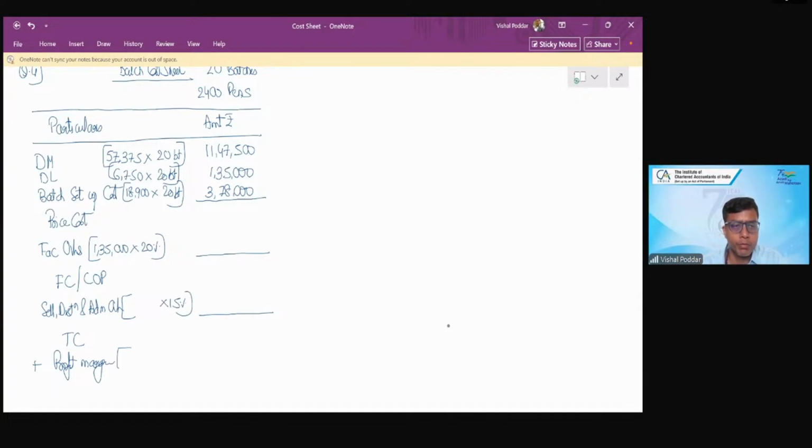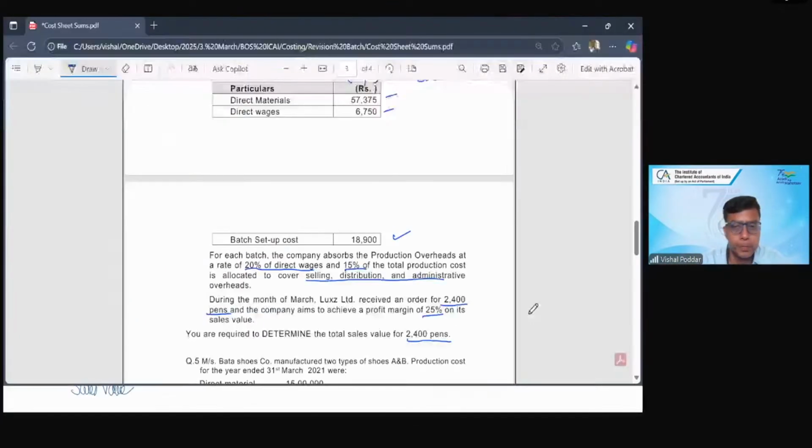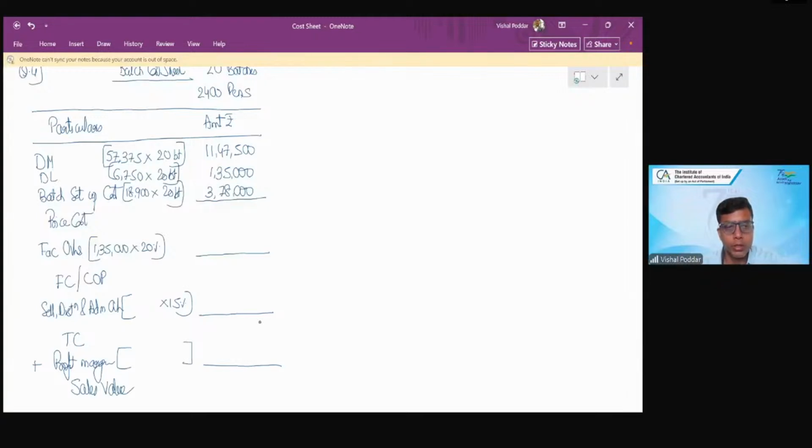And then profit margin. How much is it? 25% of sales. 25% is 1/4. So on cost, it will be 1/3. Correct? Chalo, we will do this.